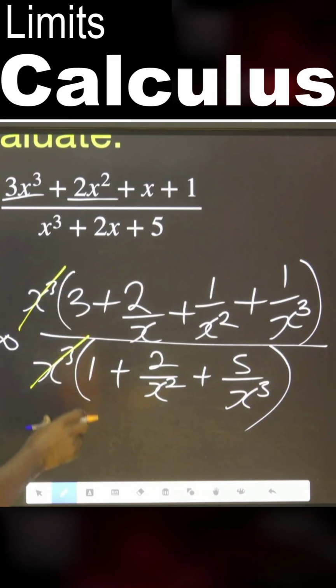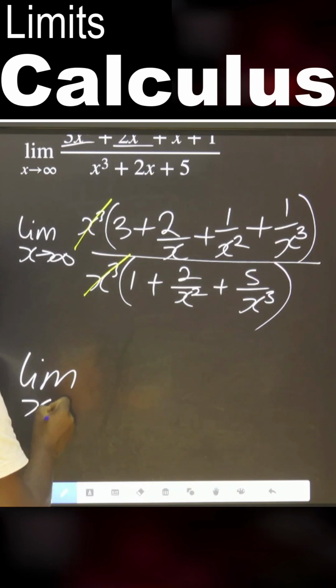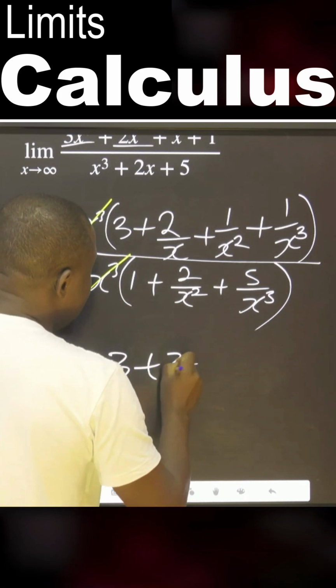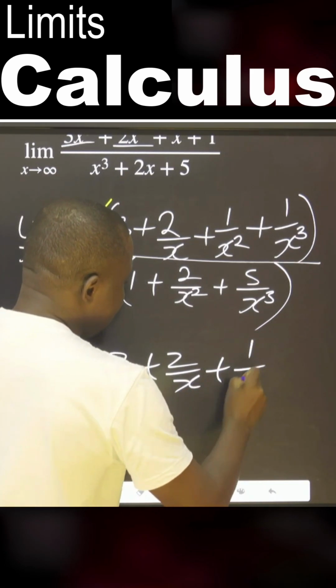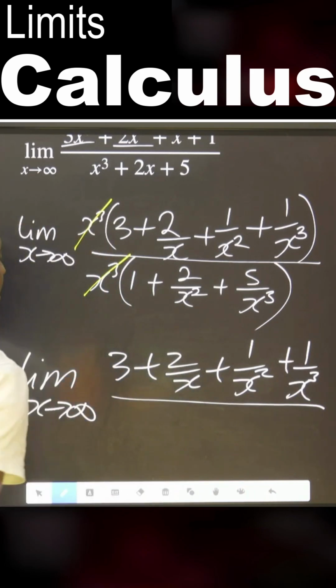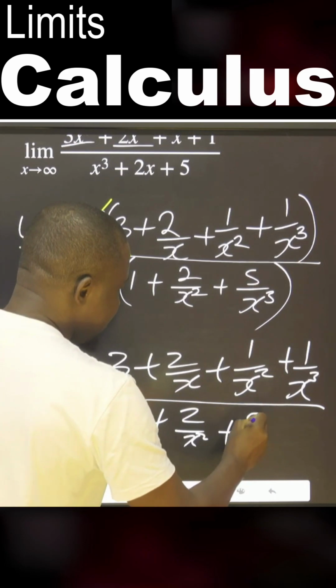This and this will cancel, okay? With this now, what I have remaining is this over this, this over this. So 1 plus this over this plus this over this.